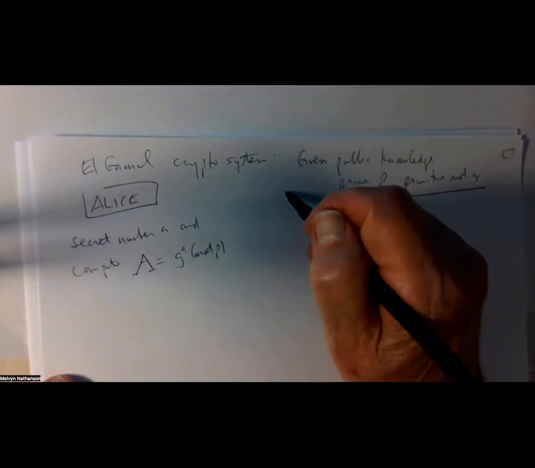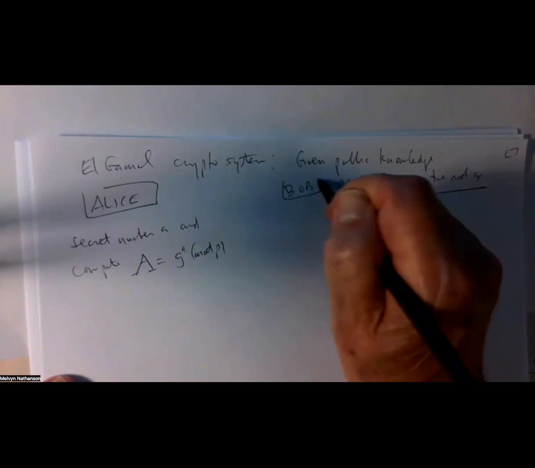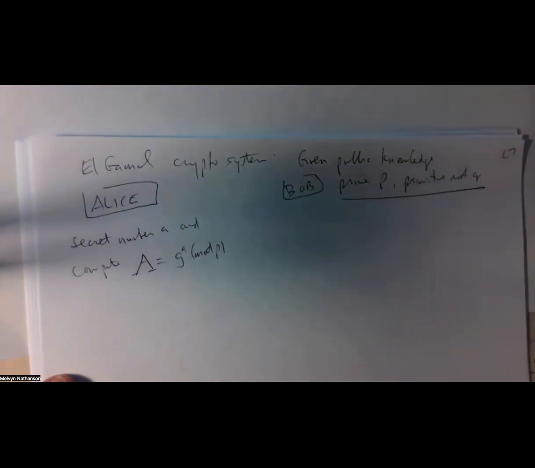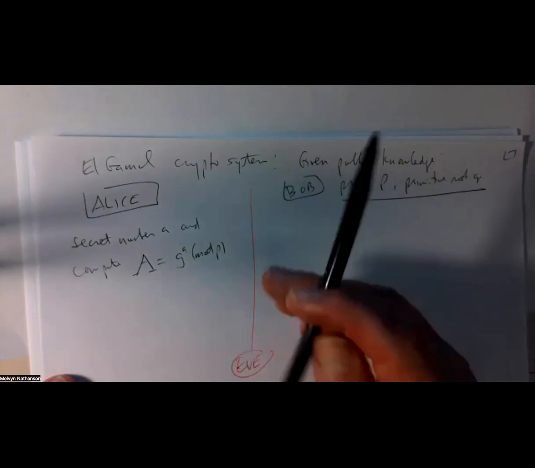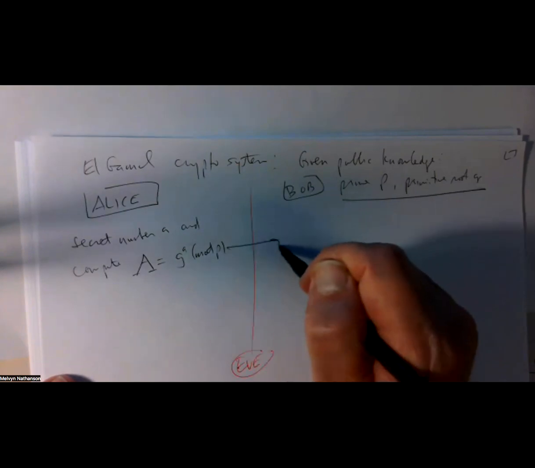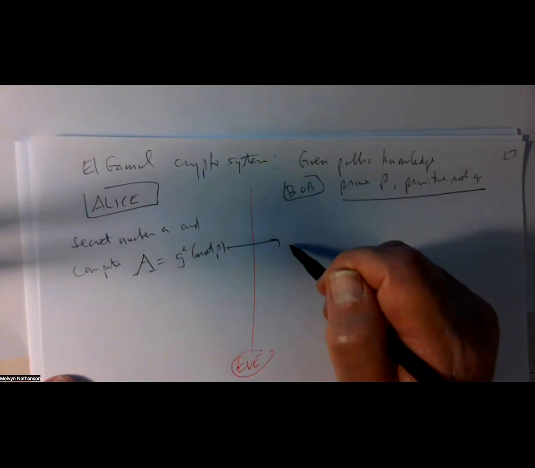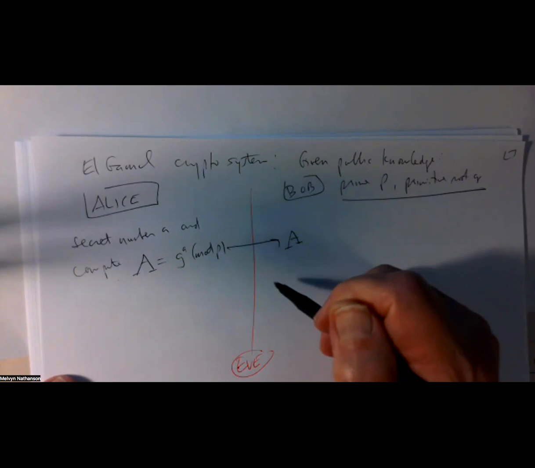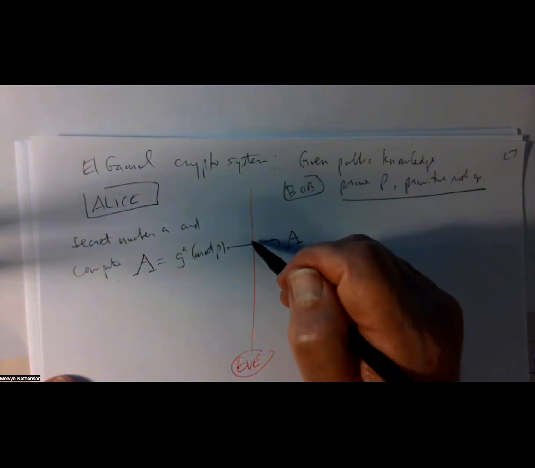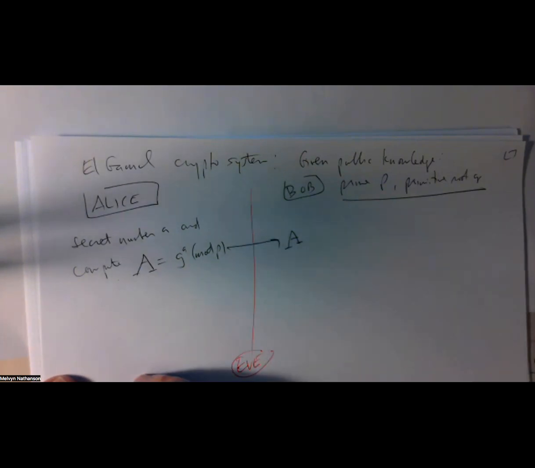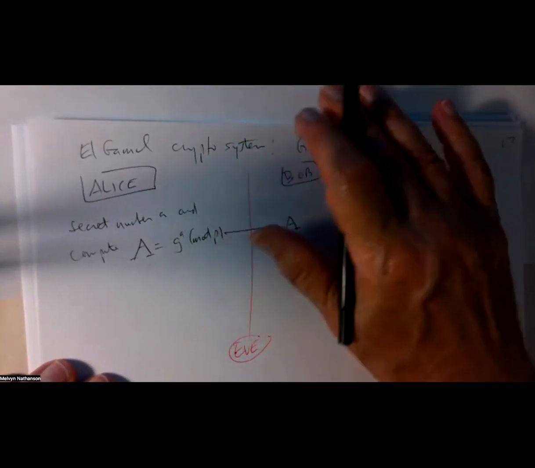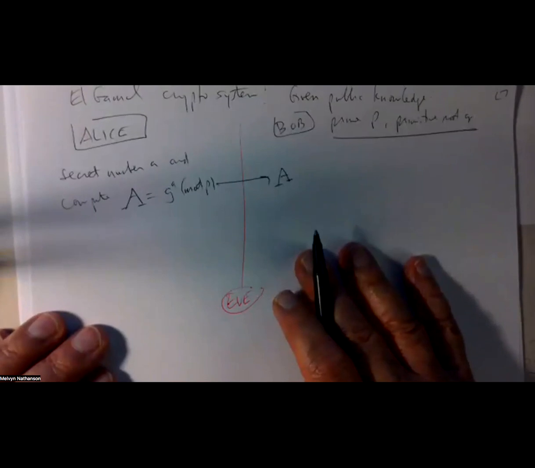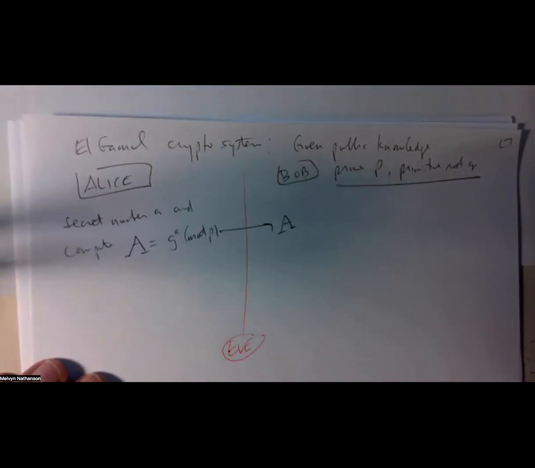And here is Bob, and this is Eve listening in. And Alice sends this number capital A to Bob. So Eve intercepts and knows the number capital A. Okay.